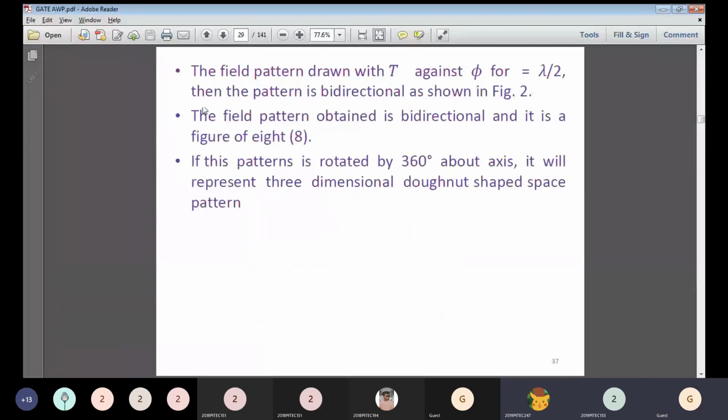So the field pattern drawn for D equal to lambda by 2 is bidirectional, as figure 2 shows. The field pattern obtained is bidirectional and is a figure of 8. If this pattern is rotated by 360 degrees about the axis, it will represent a three-dimensional doughnut-shaped space pattern.